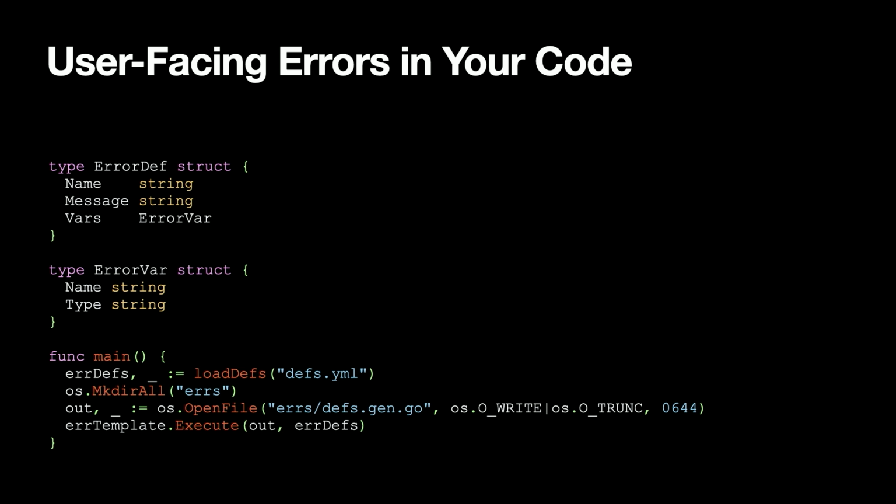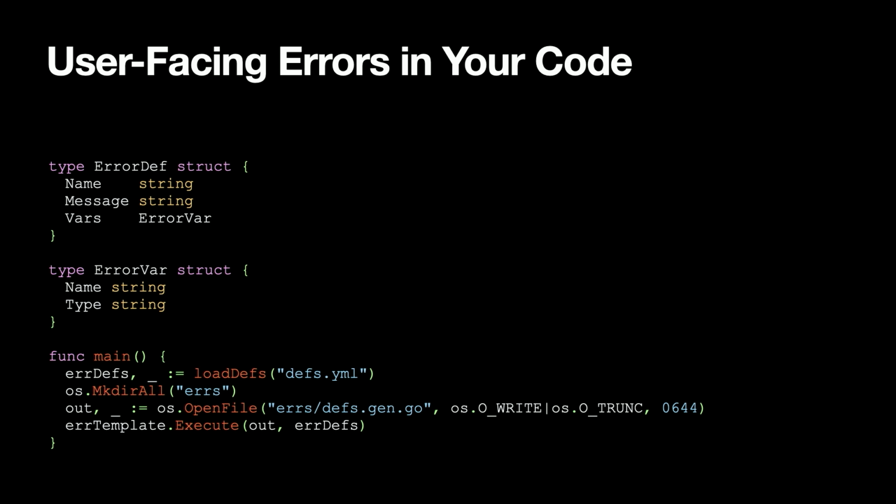We're going to write together the code generator that reads that YAML file and outputs the error definitions that we want to use in our software. So this is the very simplest version of it. We're not going to go into the entire thing, but what I've done here is I've defined two types that I expect to get from reading that errors YAML file, which has an error definition, which has the name of the error, the message of the error, and the variables that I can interpolate into each error message.